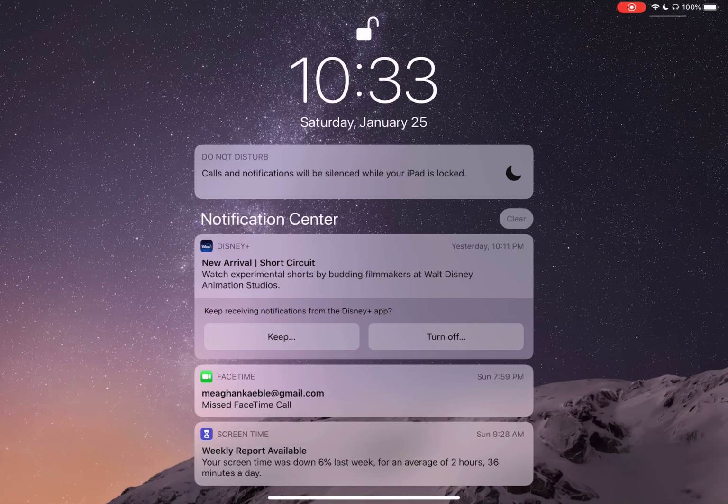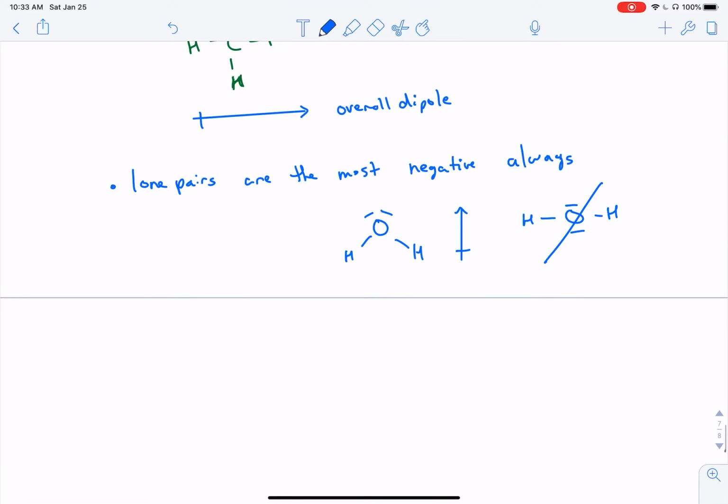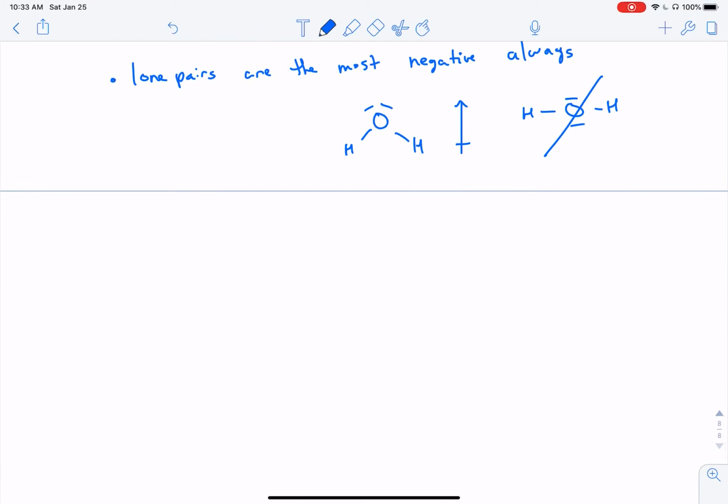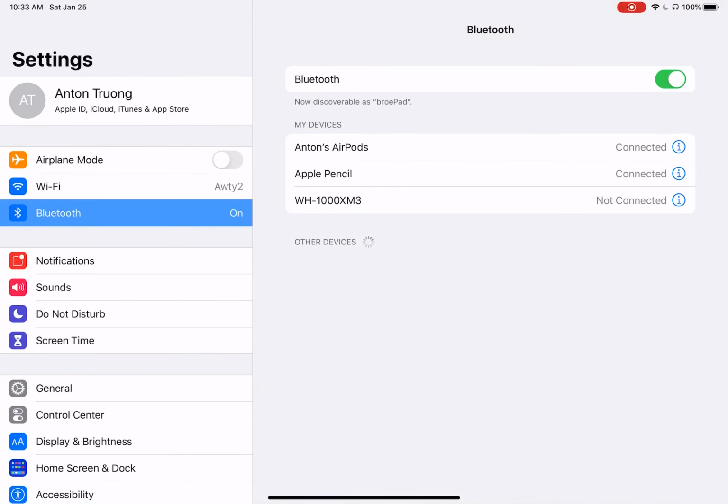Sorry, hold on a second. I just got a notification in my AirPod. I'm not sure if that's low battery, or what. It was full when I started. Okay, hold on, I gotta check this.